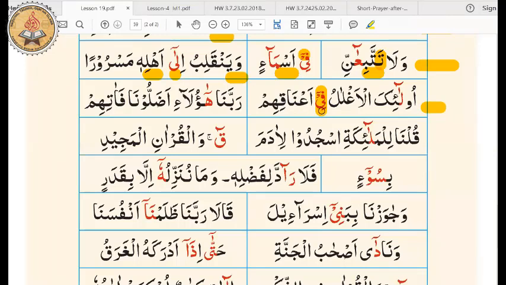Fi. Next one. Anakim. It is an Ain sound, so it is a'naqihim. A'naqihim.